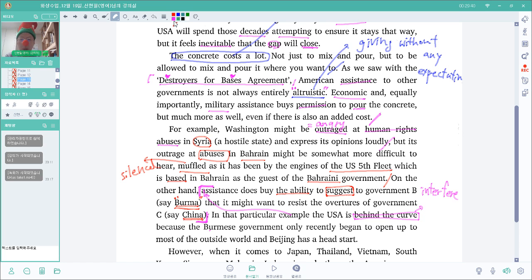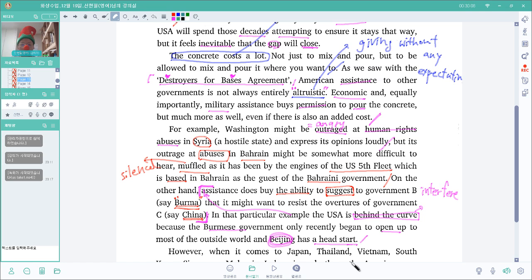Burma recently opened up its market, and China is closely located to Burma, so they have a head start. Beijing was one of the first to go to the Burmese market because it's closely located, but America, behind, is trying to interfere with China coming any further into the Burmese market.